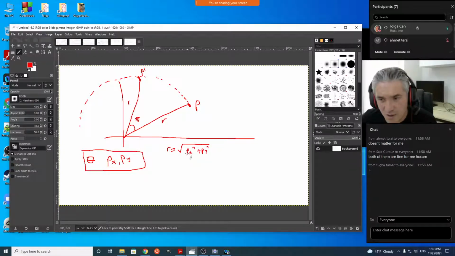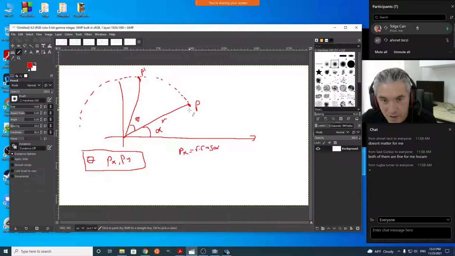But we're not going to be using this equation actually. What I will be doing is this. I can write Px and Py. Let's define an arbitrary angle, alpha here. We will not need to compute this alpha. But if we knew this angle alpha, which this point P and this radius make with the x-axis, we can actually write Px as r times cos alpha, right?